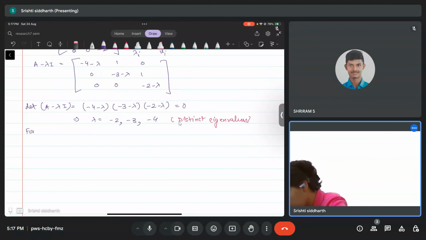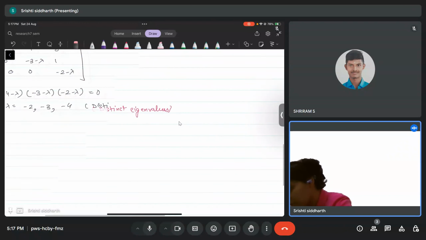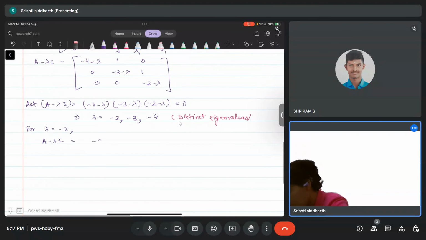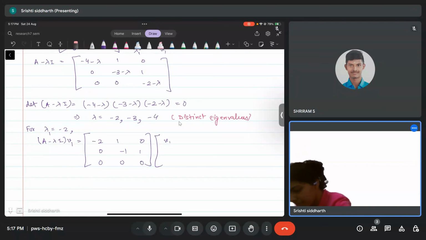So A minus lambda I for lambda equals -2 is -4 plus 2, then -3 plus 2, and 0, with the rest as they are. And then we have the eigenvector v. So let's say A v equals lambda 1 v.